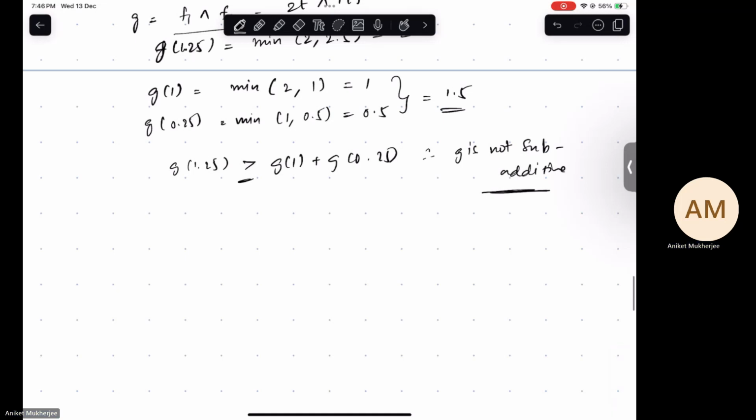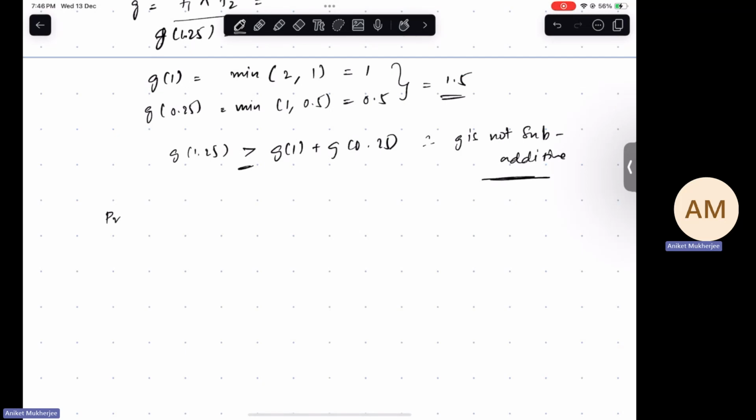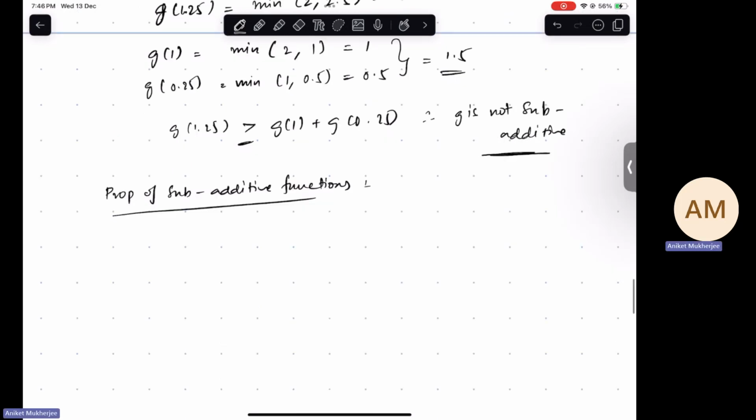Right. Okay. Next, we'll see some properties of subadditive function, which we have just stated.